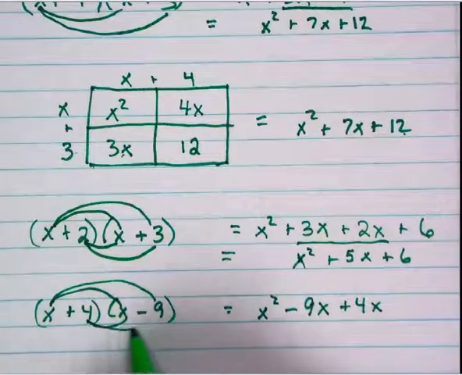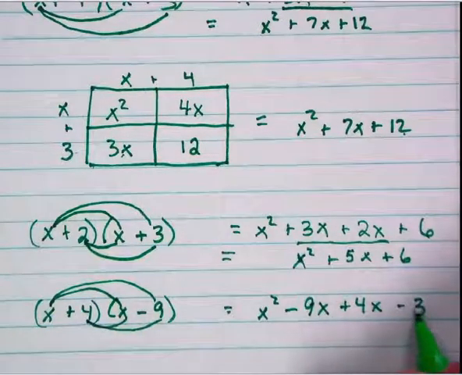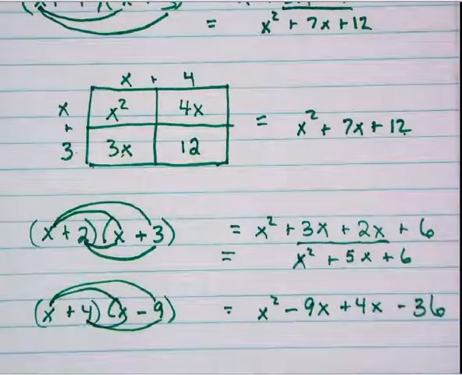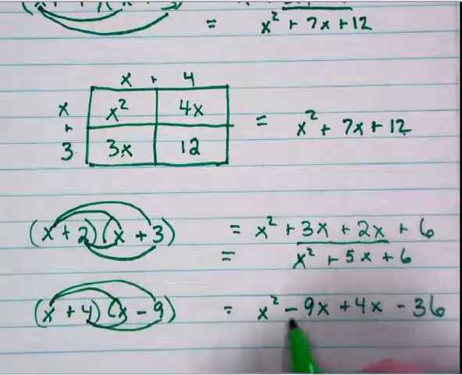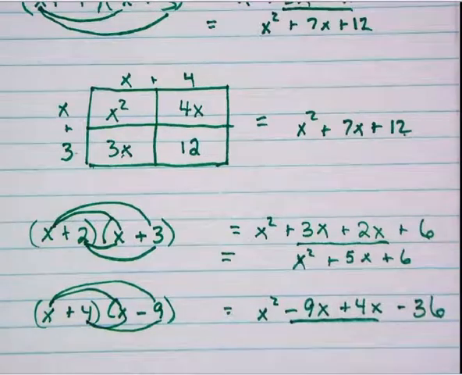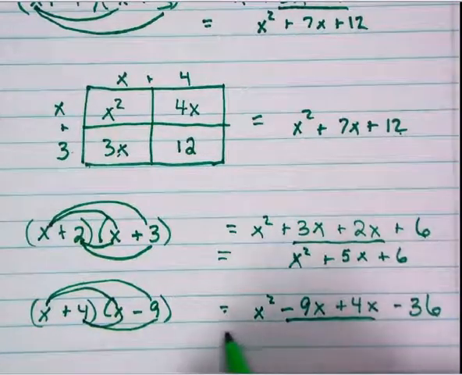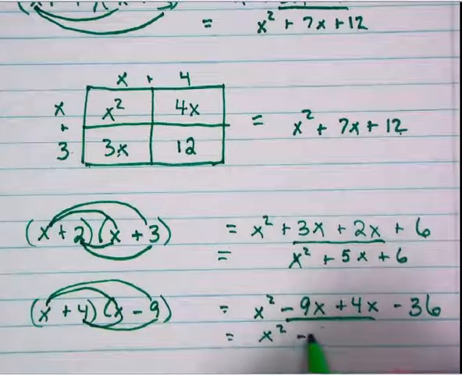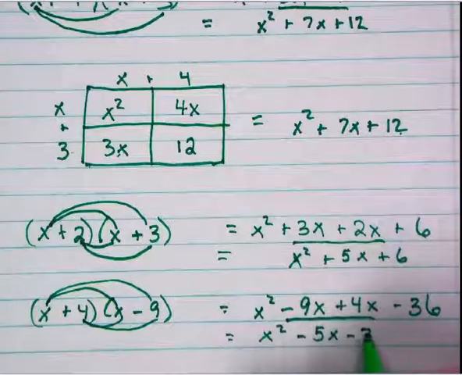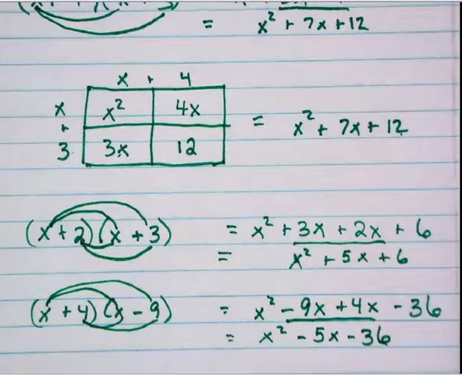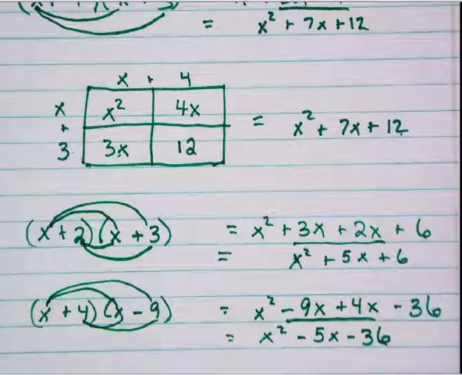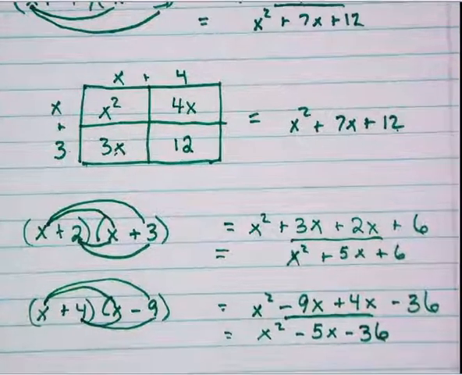And 4 times negative 9 is negative 36. Notice that these two middle terms still go together. So this is going to give me x squared minus 5x minus 36. If you were to choose to use the box method, that would do the exact same thing. You should get the same answer.